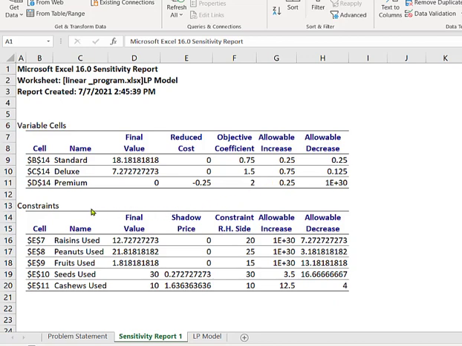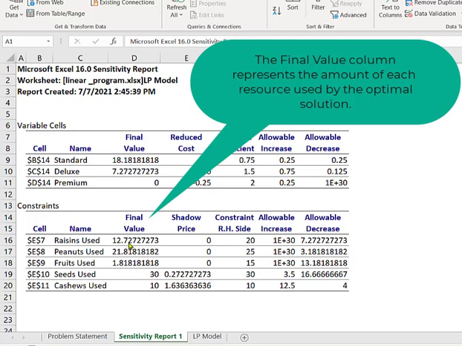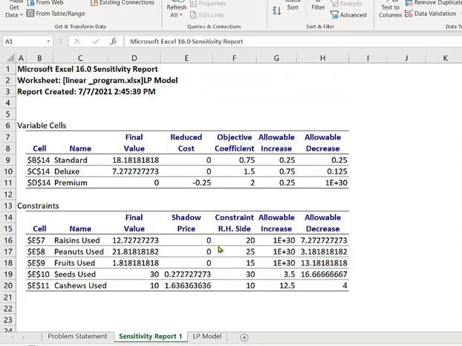Now we look at the constraints. The 5 constraints have to do with the resources: raisins, peanut, fruit, sunflower seeds, and cashews. The final values for these resources are 12, 21, 1.8, and 30 and 10. Let's look at the original right-hand sides.